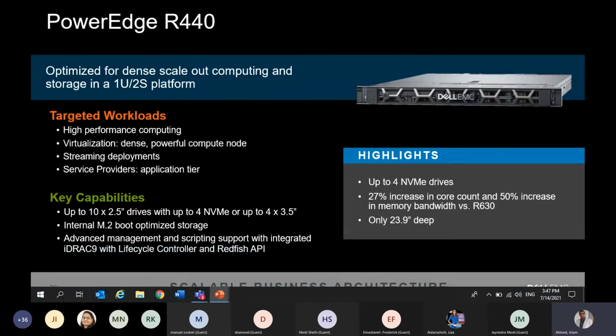The coming slide is talking about 3-4 products of our series of servers, which are usually used for surveillance. One of the most popular servers is the R440. It's optimized for dense scale, so it's only 1U density. The target workload is high performance computing and streaming deployment. Since we talk about surveillance, this device is very suitable for streaming deployment.